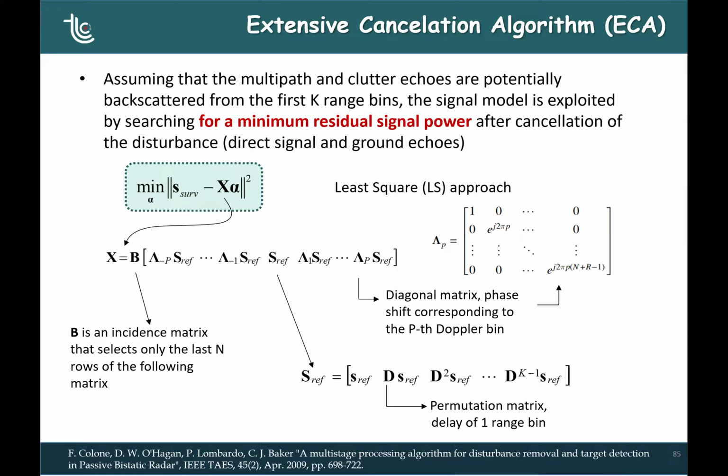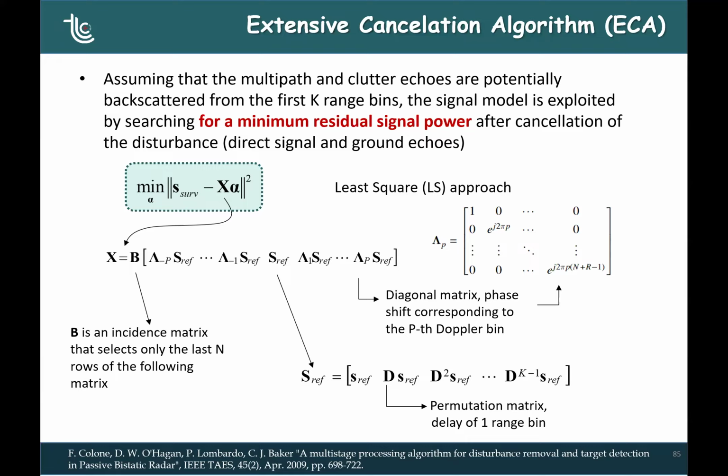D is a permutation matrix. It means that we introduce a delay of one range bin. D squared is a delay of two range bins, up to D^(K-1), which is the delay of K-1 range bins. We say that we consider only K, the first K range bins.